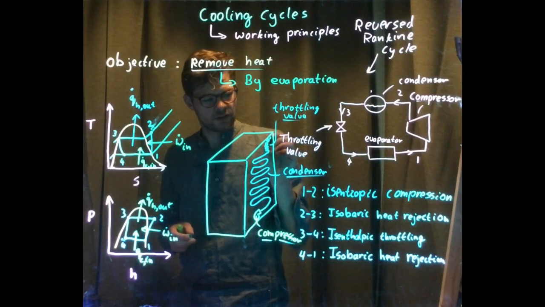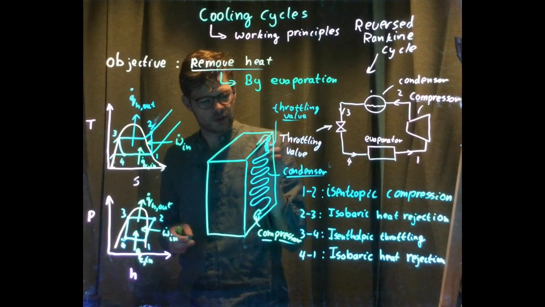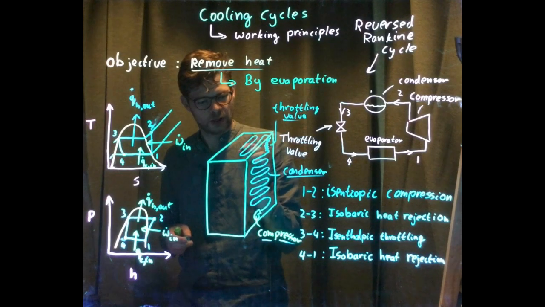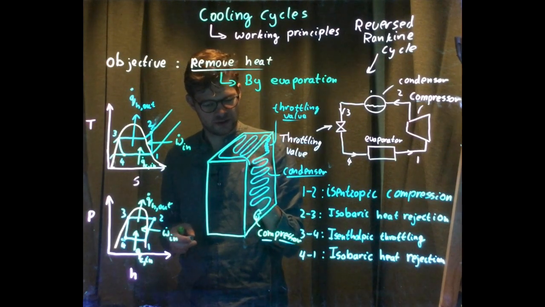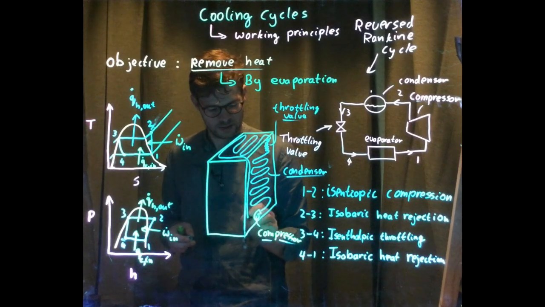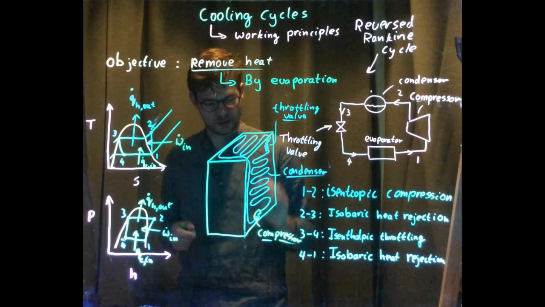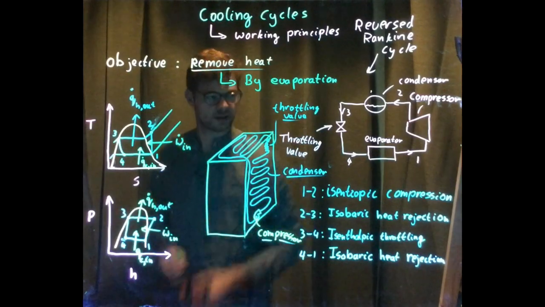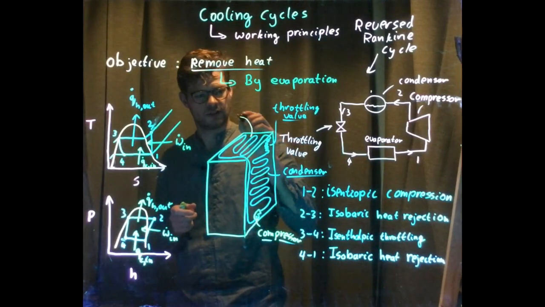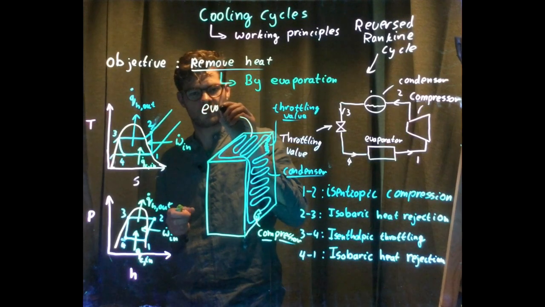And after that it goes into my evaporator, which is basically another spiral tube over here. After that, flow goes back into my compressor. So this part over here is the evaporator.